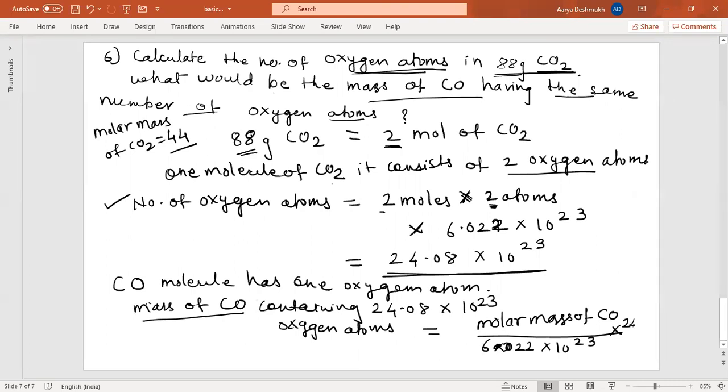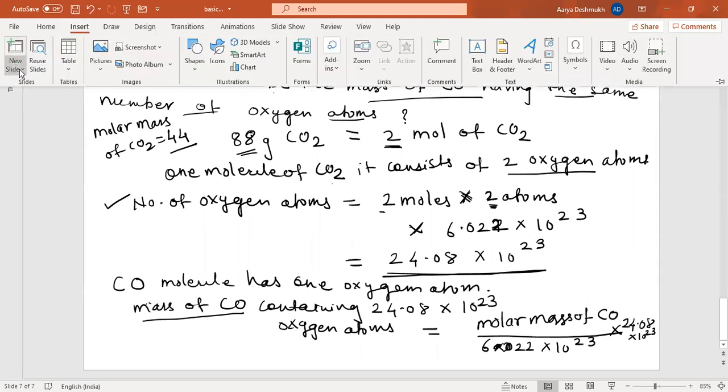So it was found to be 24.08 into 10 raised to 23. Okay.